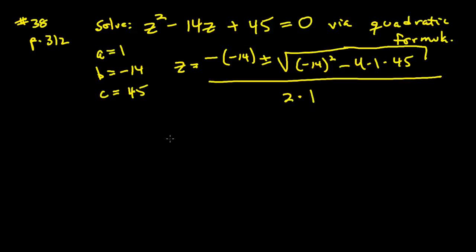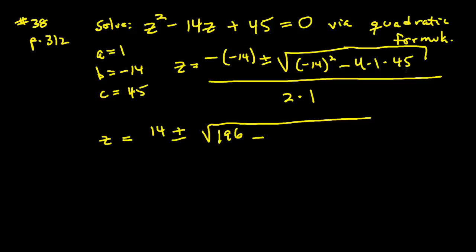All right, now these numbers are a little more cumbersome than the earlier examples. I'm not going to panic. Minus 14 is plus 14. Plus or minus, let's look under that root sign. 14 squared, let me get my calculator. 14 squared is 196 minus 4 times 1 times 45.